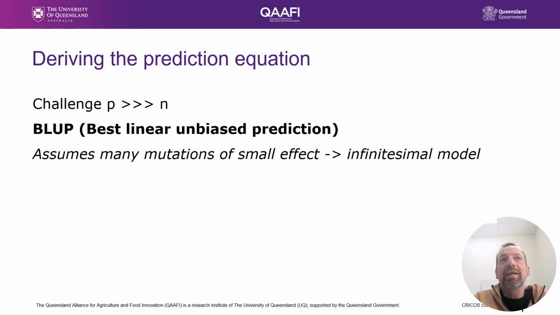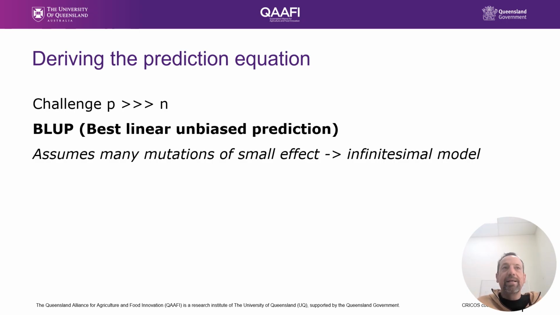So the challenge here is often, very often, you've got more parameters than records. So you have a P much greater than N problem. So for example, you might have 50,000 SNPs, but you've only got 5,000 lines measured for a trait, and you've got to estimate all those parameters.